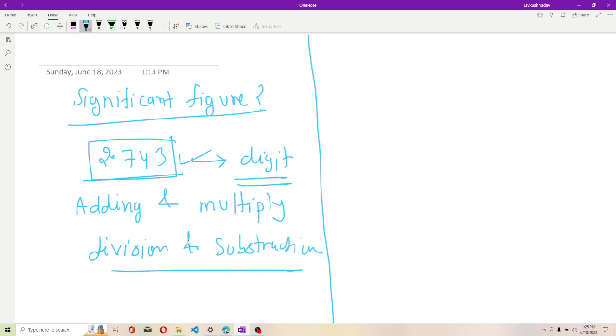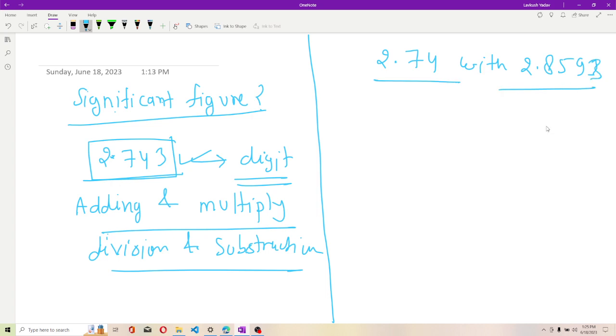How do we come to know which digit we have to take? Suppose we have to add 2.74 with 2.8593. Here, this one has only three significant digits, but this one has five significant digits. So can we add?